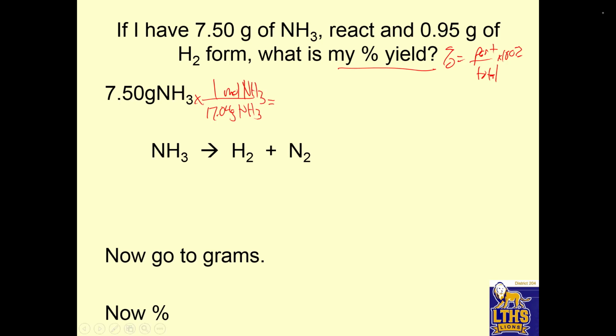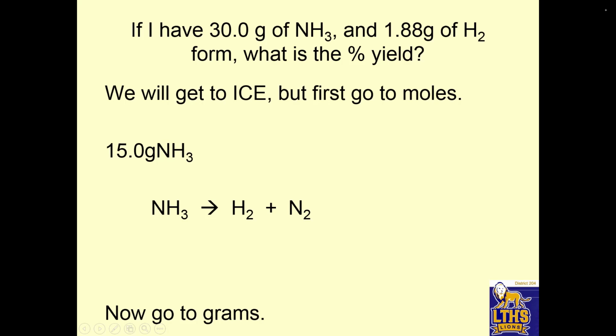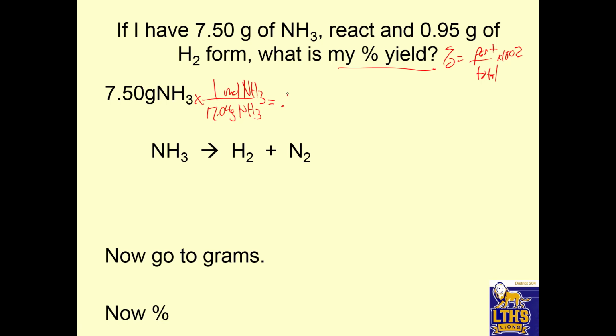So 7.5 divided by 17.04 is 0.4401. Whoa, where'd it go? 0.4401 moles. So, oh, I remembered balancing this. You tried to trick me again. So 0.4401. So ice diagram.